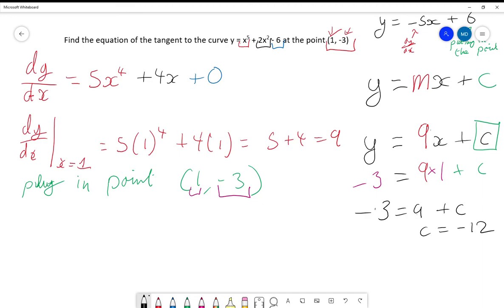And then that gives us our answer. y is equal to 9x minus 12. And we're done. That's the equation of the tangent to this curve at that point.